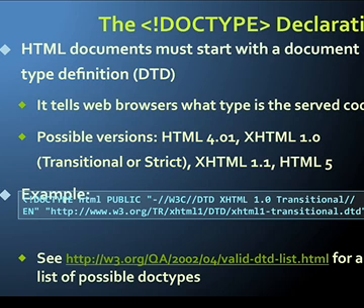It tells the web browsers what type of code the server is sending, and the possible versions, HTML4 and HTML5. Here I am giving the links, and if you want more information you can go to these links for the list of possible document types.